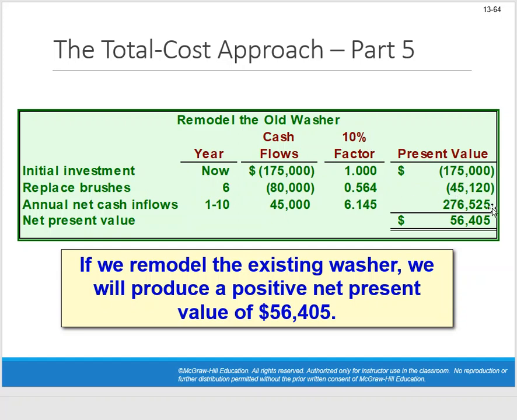So that's worth $45,120. And then we do our annual net cash inflows. And again, this is something that repeats year after year. So we're using PV of an annuity. So the second table, and we go to row 10, 10% column at 6.145. So we add all that up, we get $56,405. So if we remodel the existing washer, we will produce a positive NPV of $56,405.